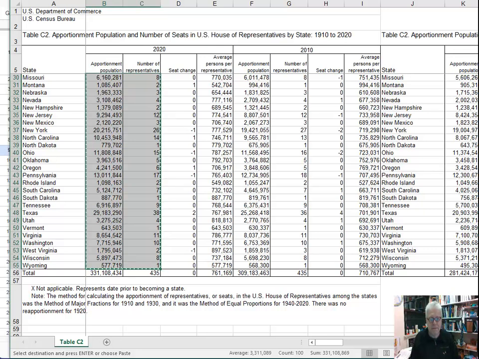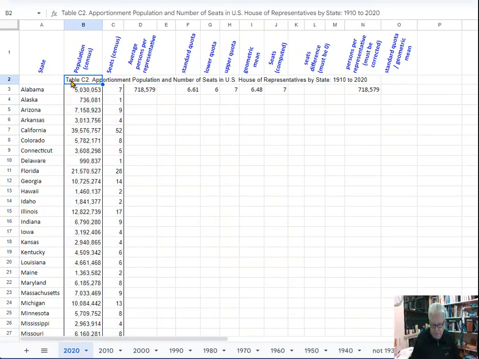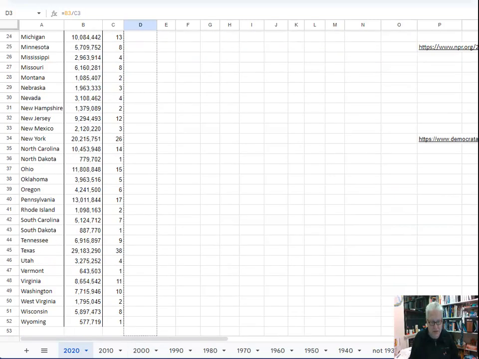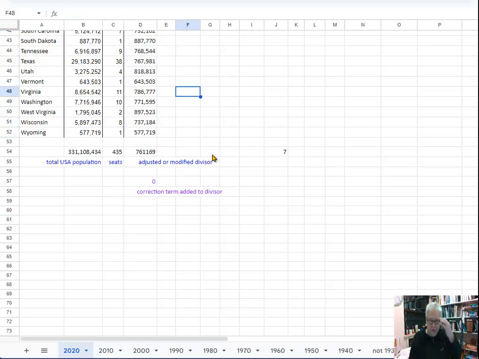There we go. And there we go. I'm going to pull this one down again. I have the spreadsheet calculate the average people per one representative.